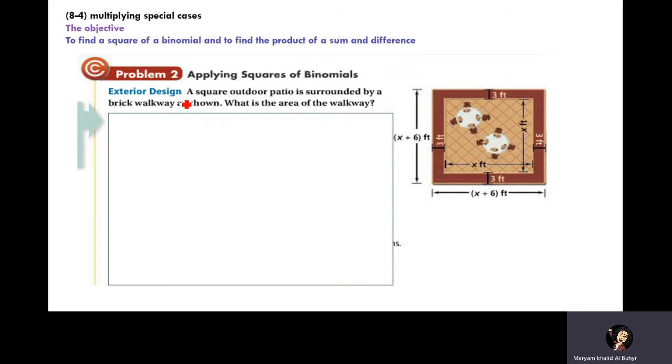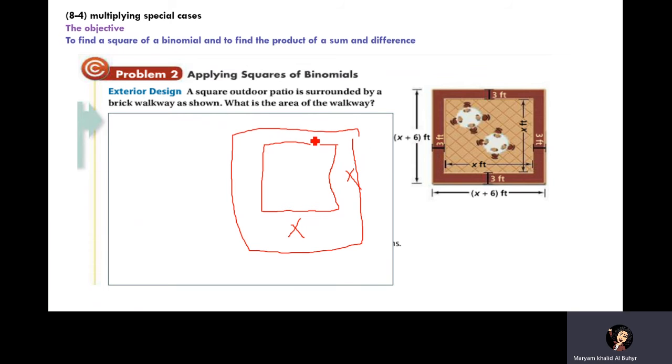They just said that here is a square outdoor patio. The patio is surrounded by a brick walkway. Here we have the patio with the side length x and the side length x. While here the walkway: this side is 3, this side is 3.